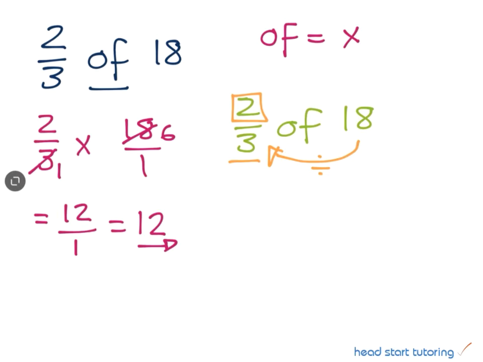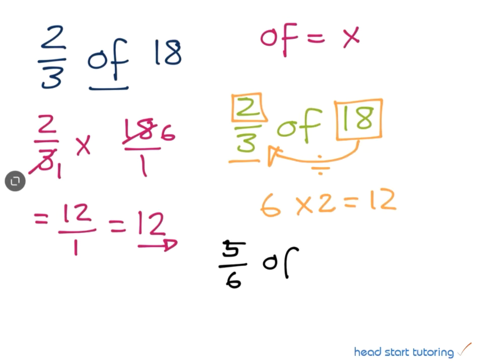So 18 divided by 3 is equal to 6, and 6 times 2 is equal to 12. So this works nicely when we are working with whole numbers. So let's have a look at 5/6 of 42.